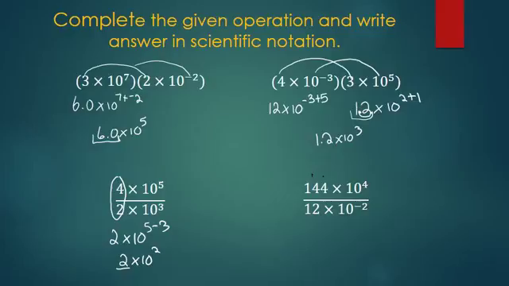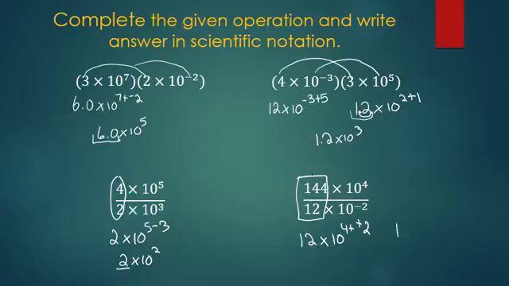Okay, so for the last one, again, it's a quotient property. I divide my first numbers, so 144 divided by 12 is 12, times 10. Now it's the quotient property, so I have to subtract. So I have 4 minus, that's the subtraction of the quotient property, and then I'm subtracting a negative 2. So be very careful of that, because that turns positive.